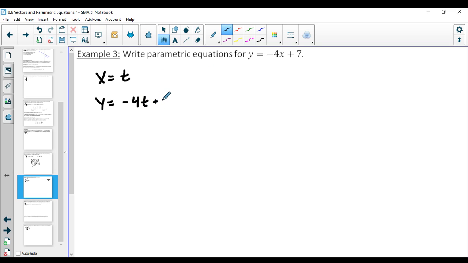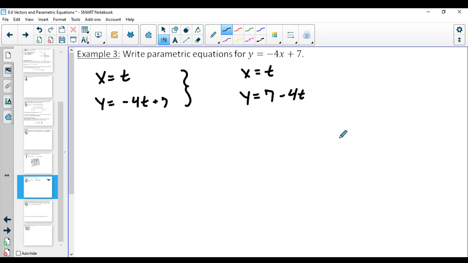And that's one way. If we did x equals t again, usually when we write parametric equations we sometimes like to write the t last, which seems a little weird, but either way works.